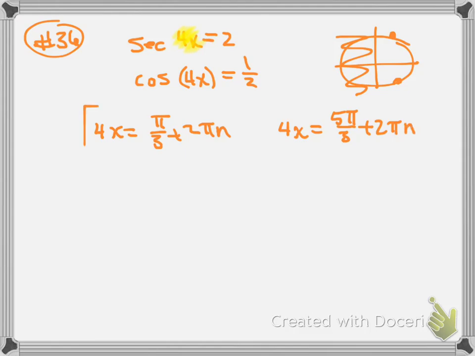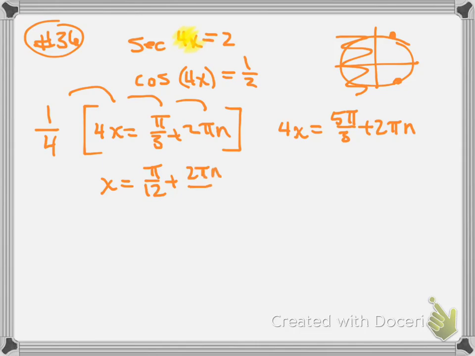In order to solve for this, I have to multiply by 1/4. Remember, you have to distribute that to each of these pieces. So I get x is pi over 12 plus 2 pi n over 4. In order to get a common denominator there, I'm going to multiply top and bottom by 3. So I get pi over 12 plus 6 pi n over 12.